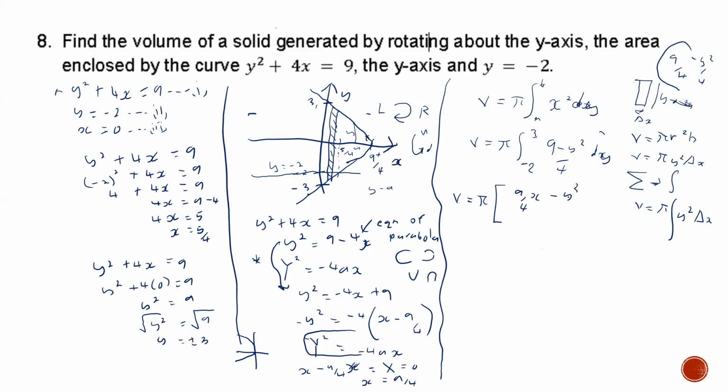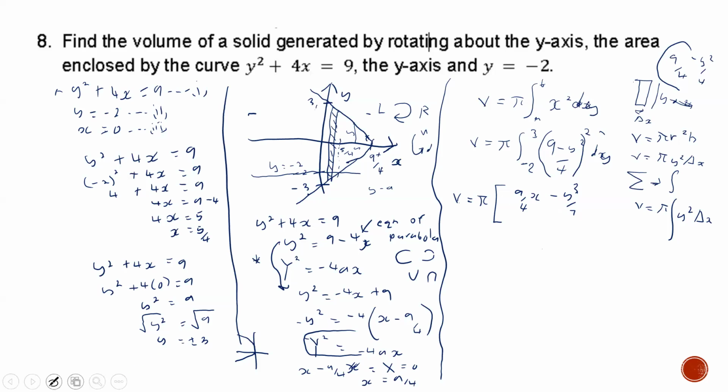Sorry, can I ask a question? Yes, please. Isn't that whole thing supposed to be squared? Because you said x is equal to 9 minus y squared over 4, and we're using x squared. Yeah. Thank you so much. Yes, it's squared, because for volume either y or x is squared. Yes, it's actually squared.